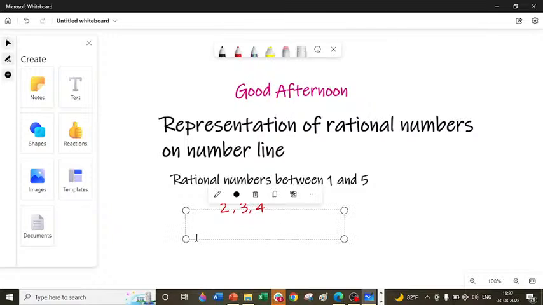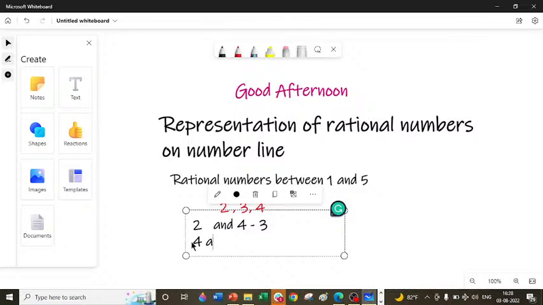So let's find out some rational number between let's say 2 and 4. So 2 and 4 के बीच में जो आपका नंबर है वो होगा आपका रैशनल नंबर बिटवीन 2 and 4. तो आपका बीच में क्या आता है? 2 और 4 के बीच 3 आता है. अब और इजी वे में देख लेते हैं.